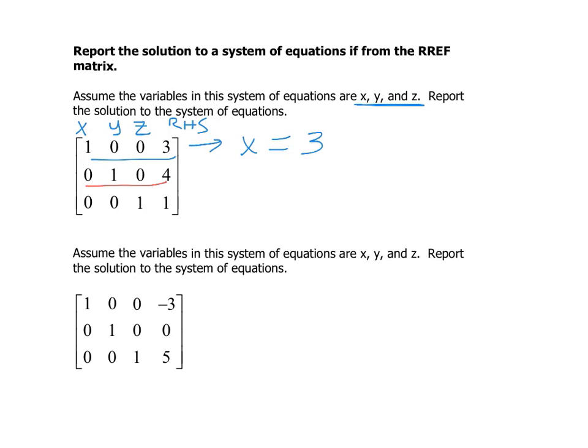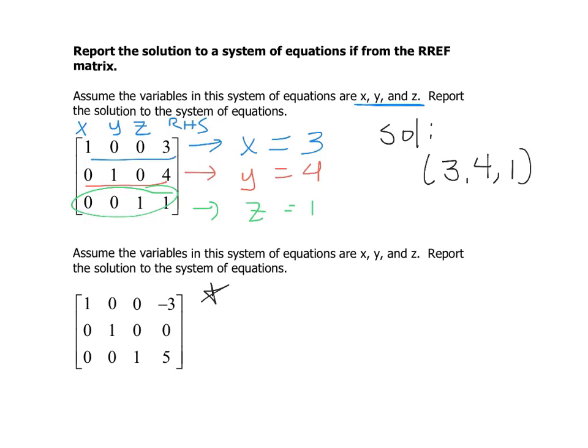My second row tells me 0x plus 1y plus 0z equals 4, so y is 4. And then my last row tells me 0x plus 0y plus 1z equals 1, so z equals 1. So my solution to this system is 3, 4, 1.